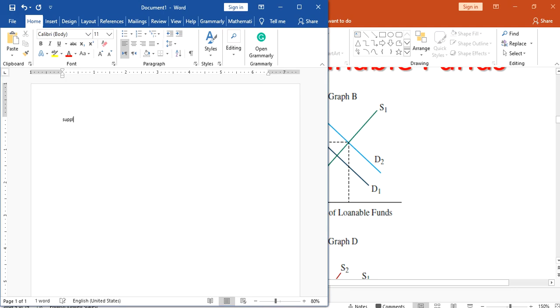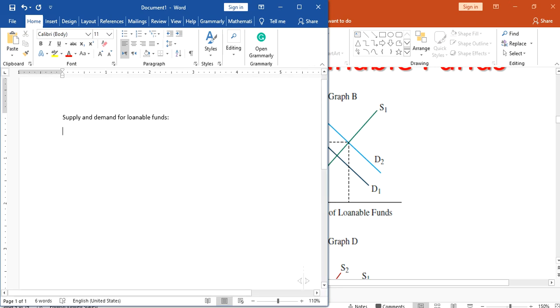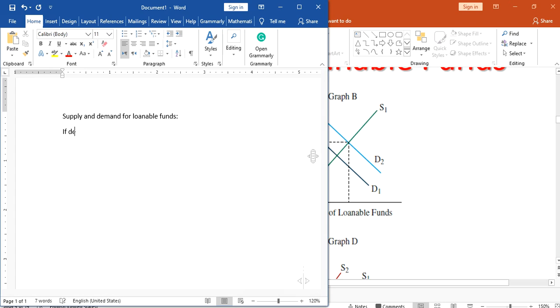Supply and demand for loanable funds. Okay, the first scenario is if demand increases, interest rate will increase, or interest rate will rise.